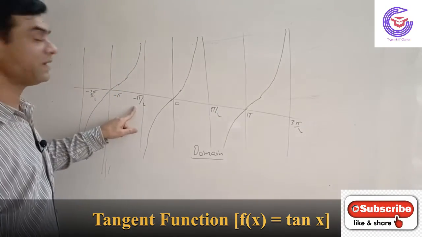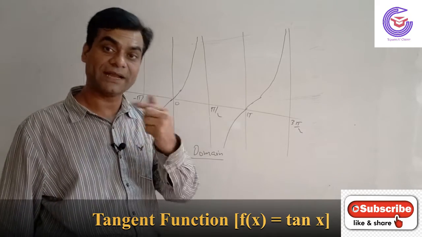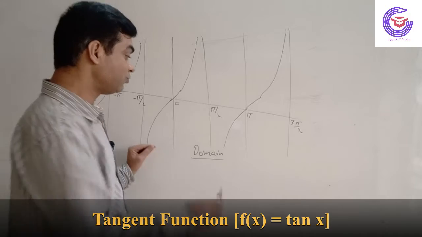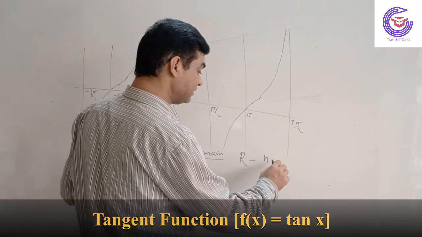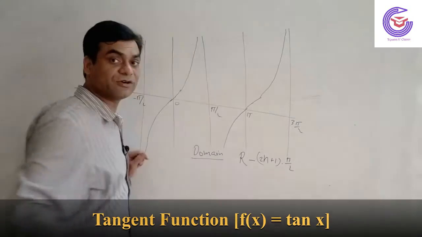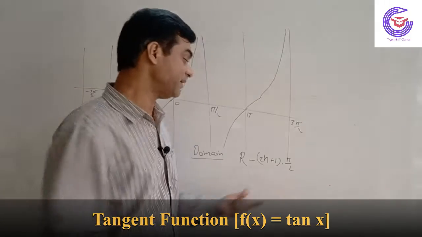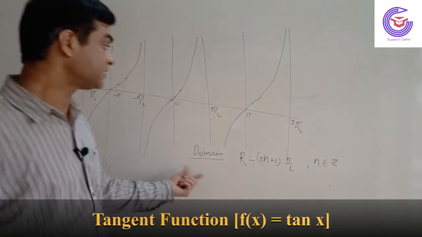For minus pi by 2 it is not defined. So again, odd multiples of pi by 2 are not defined. So your domain is all real numbers minus odd multiples (2n plus 1) pi by 2. This has to be excluded because the function is not defined for these values, where n is an integer. This is the domain.